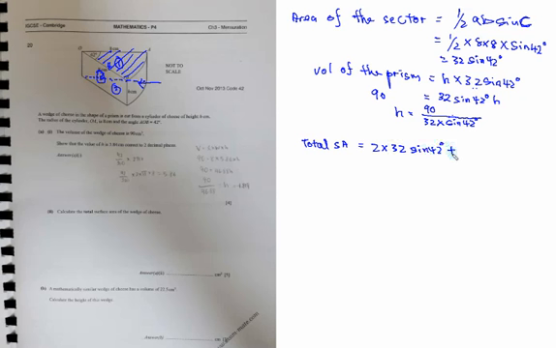Okay, then plus the vertical surface. The vertical surface is very straightforward. You have this length which is equal to 8 plus the height. Okay, from here you already calculated the height, so you can use it. So it's 2 times 8 times H.